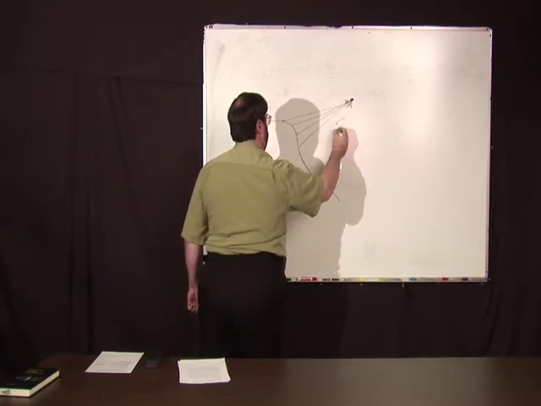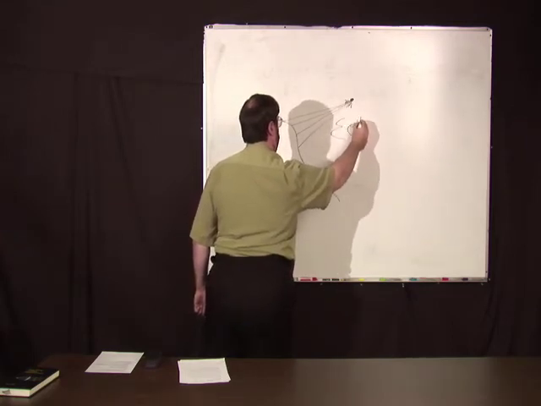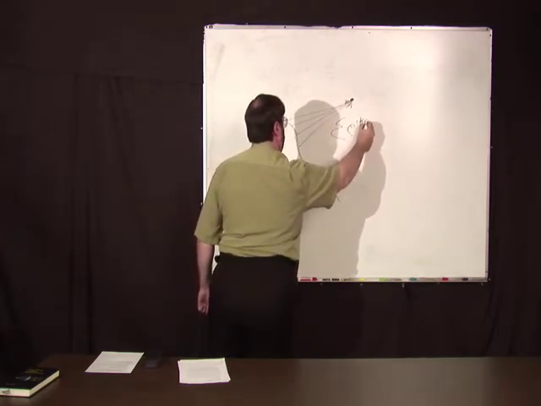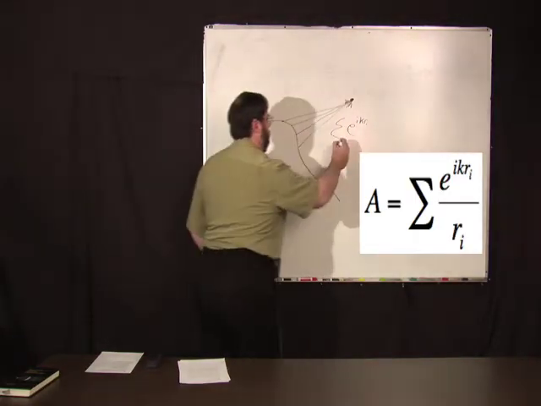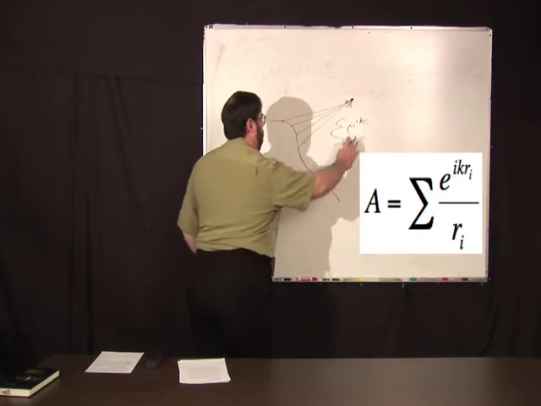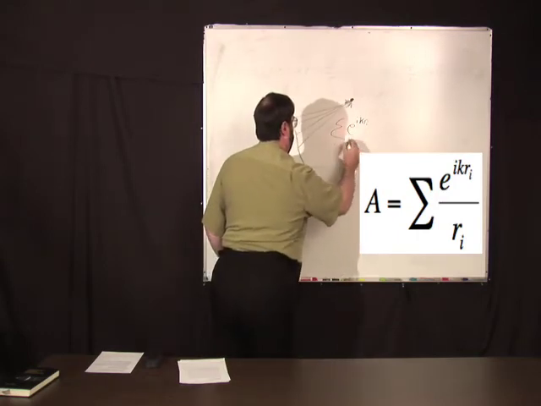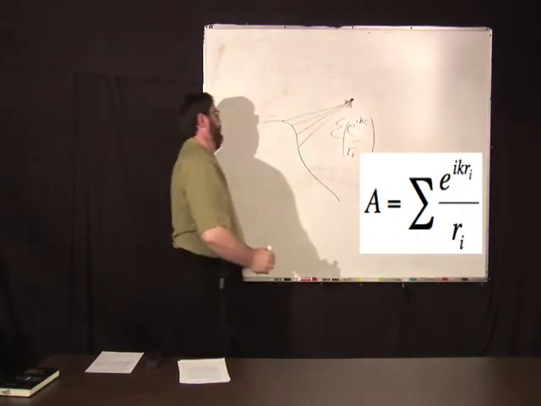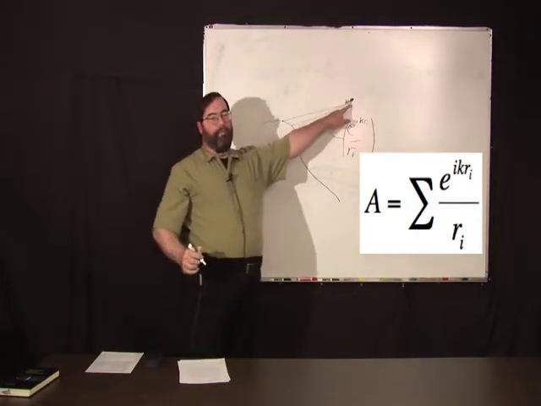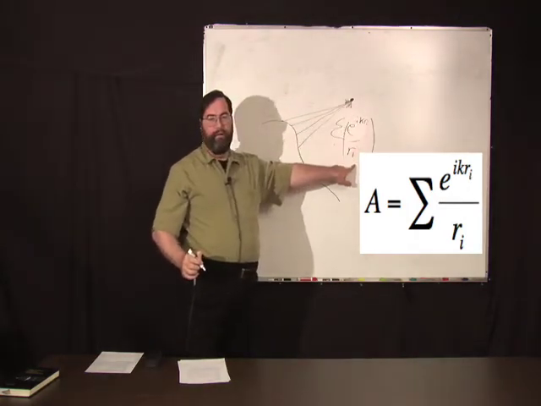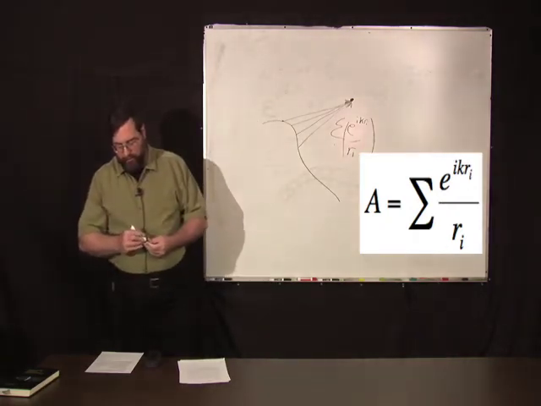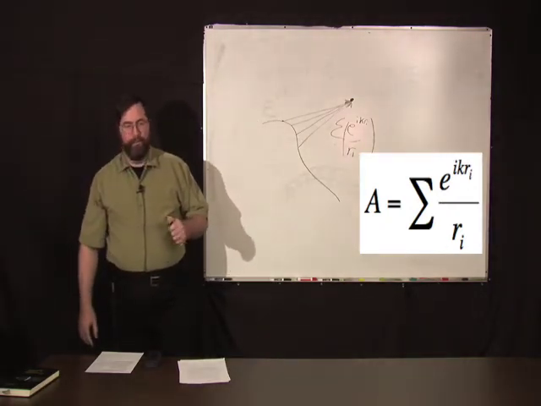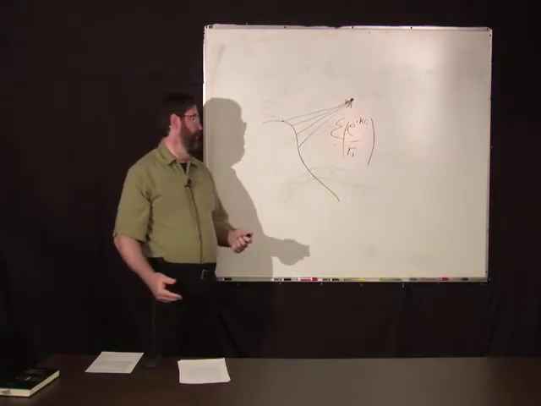So this is going to be a sum of things that look like e to the ik r_i, over r_i, summed over i. So you can get the field at this point through a sum like that. And that has come to be known as the Huygens-Fresnel principle.